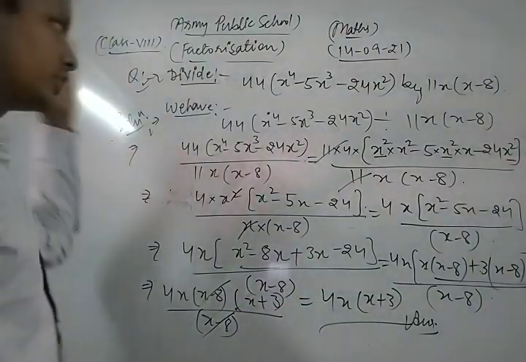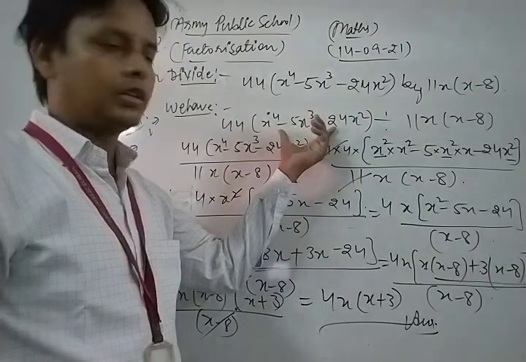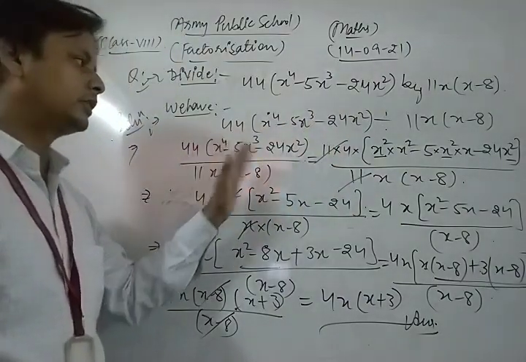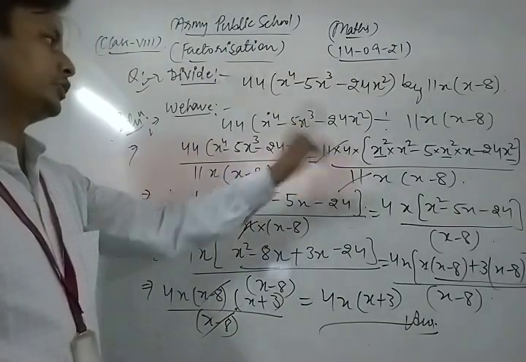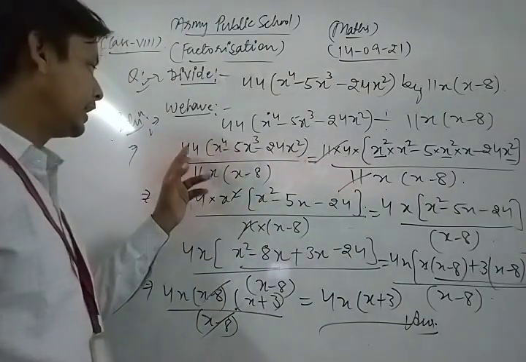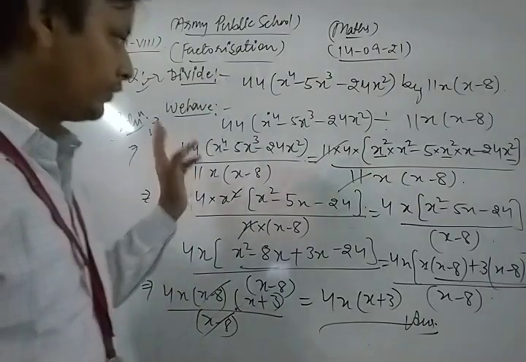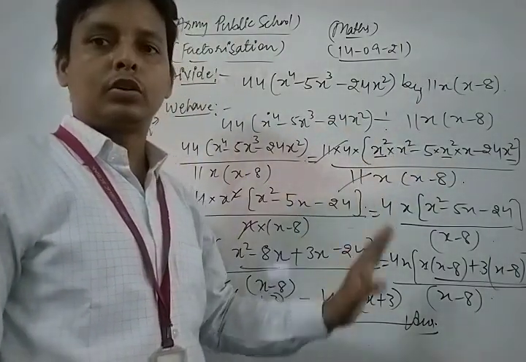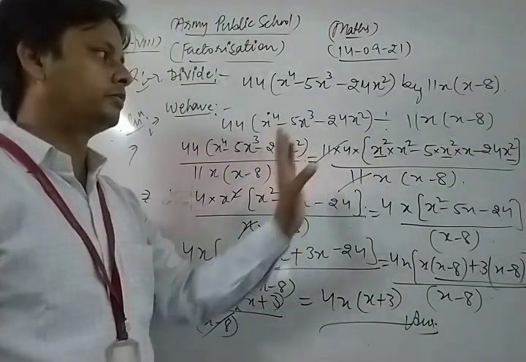Let's see it once more. First of all, we have the expression, and we write it in this way, and after that we do the prime factorization of 44. That is, we can write 11 into 4, and from the numerator we take x square as common, because x square is a common factor of both the terms.